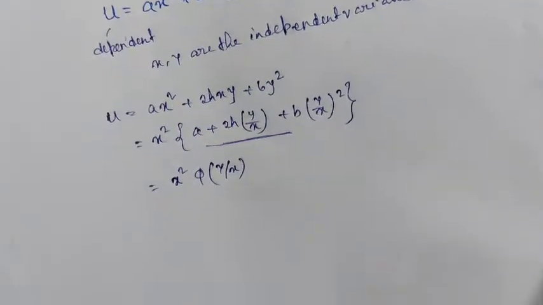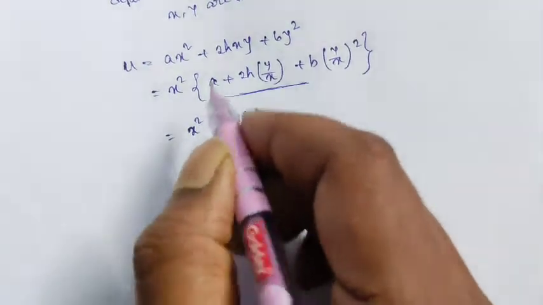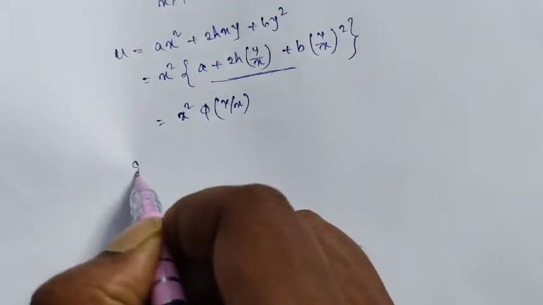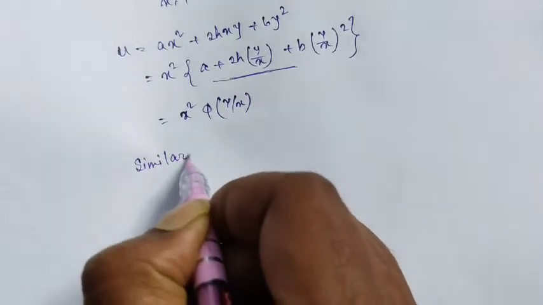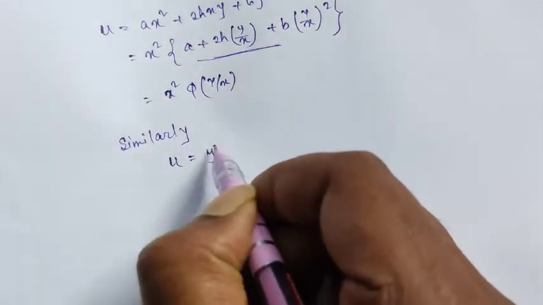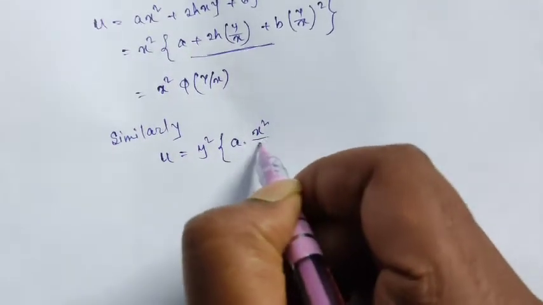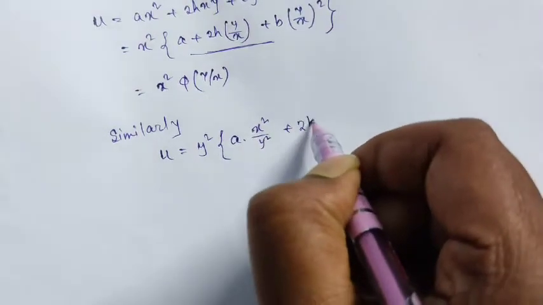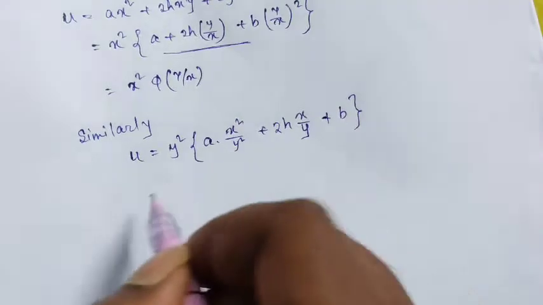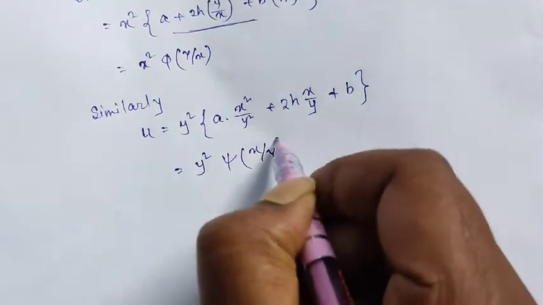And from here we can say that the power of x is 2. Similarly, we can write that u is equal to, if we take common y square, a into x square by y square plus 2h x by y plus b. And also we can write it like y square into psi of x by y.